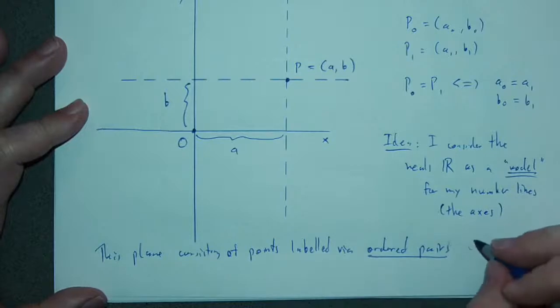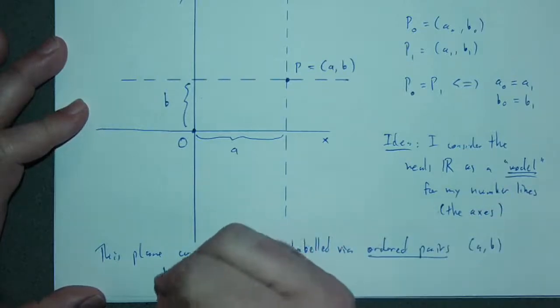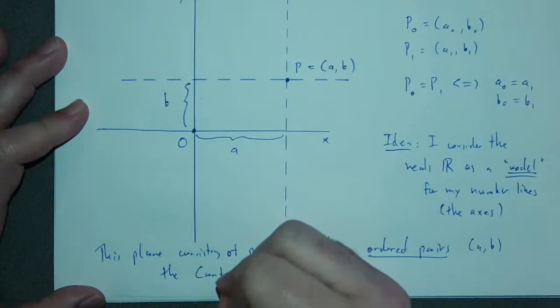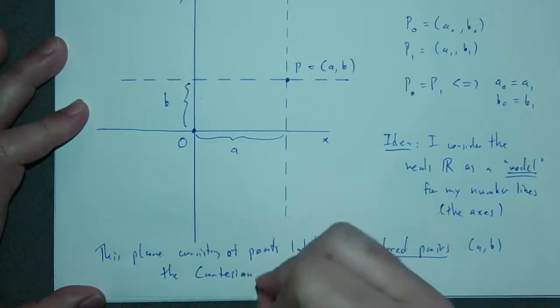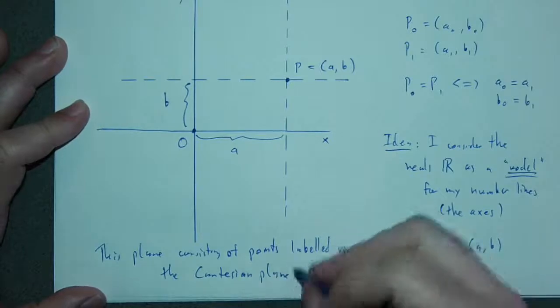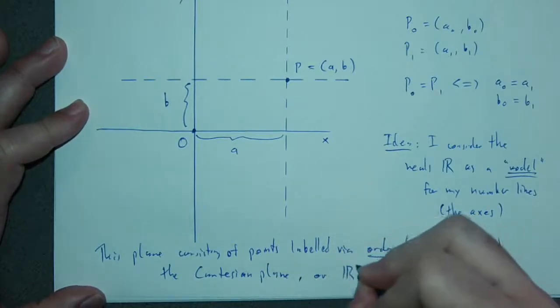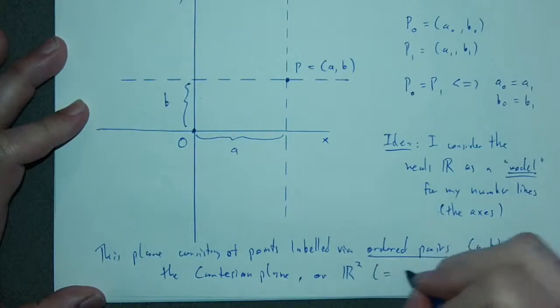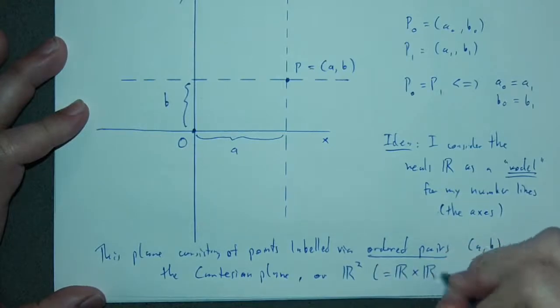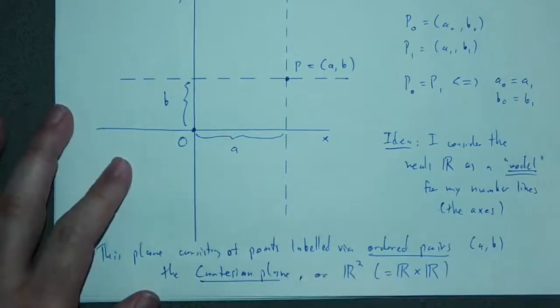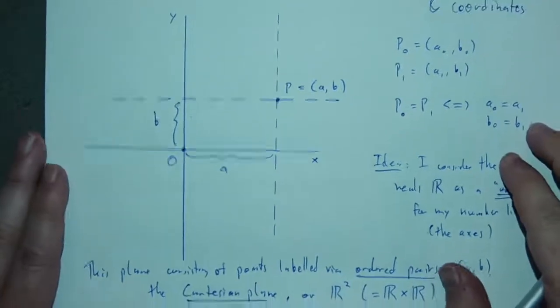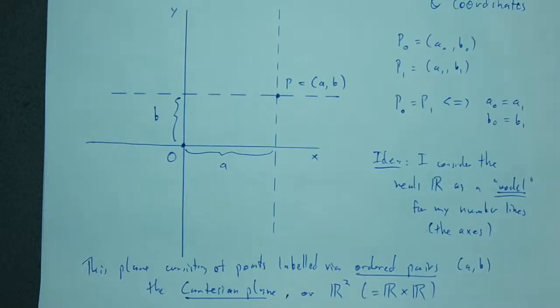So via ordered pairs (A, B), the Cartesian plane, named after Descartes, or R2, which is R cross R. And then that last axiom that Hilbert listed is the thing that makes the Euclidean plane equal to this plane R2, the Cartesian plane, in some way.